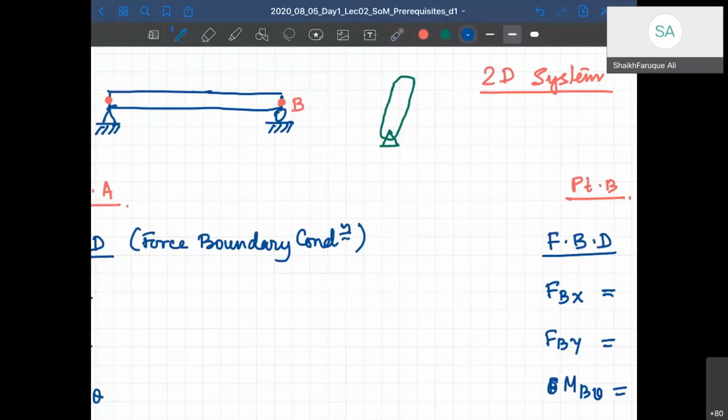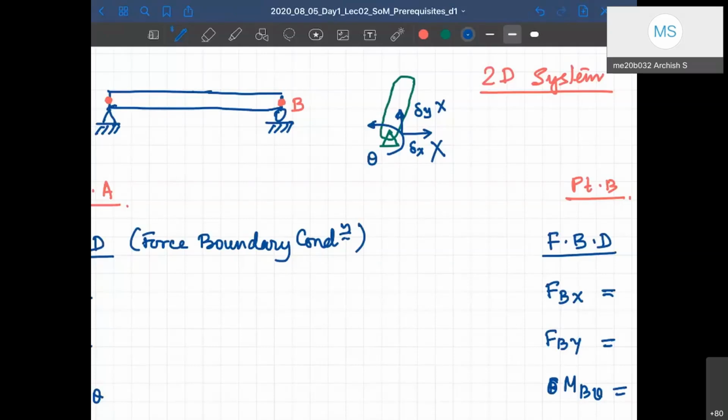So you will say to me that delta x is not possible. Delta y is also not possible. Okay, but what about theta? It's possible, right? It can rotate.